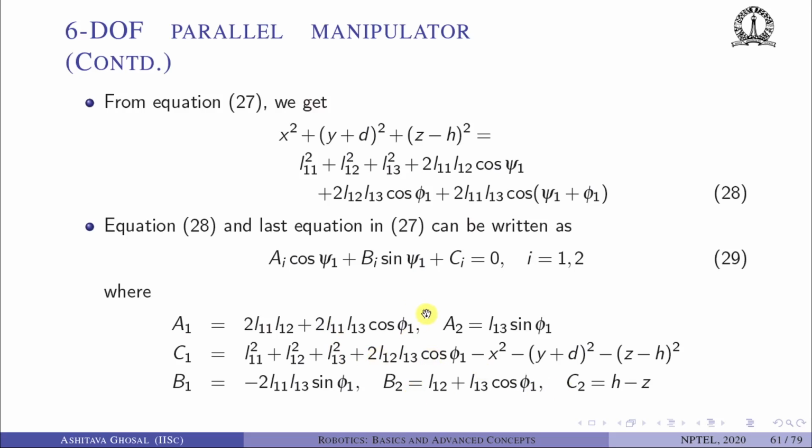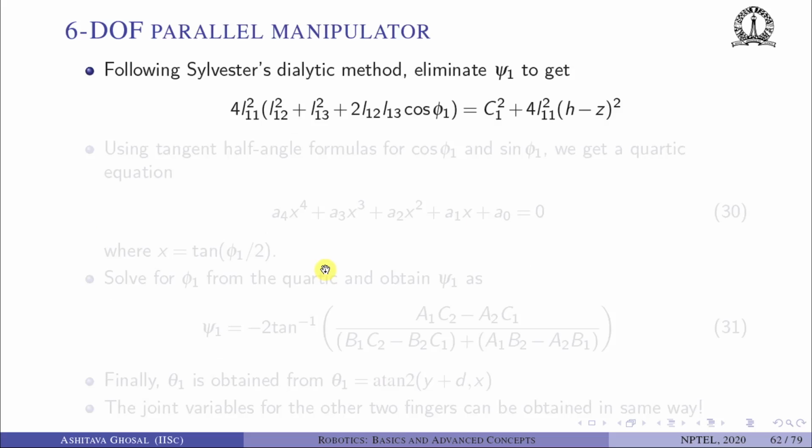They will all be functions of only phi 1 because psi 1 is taken out here. This is the usual trick when we learned how to eliminate one variable from two equations. Then we use Sylvester's dialytic method. We eliminate psi 1 and find the determinant of Sylvester's matrix equal to 0.